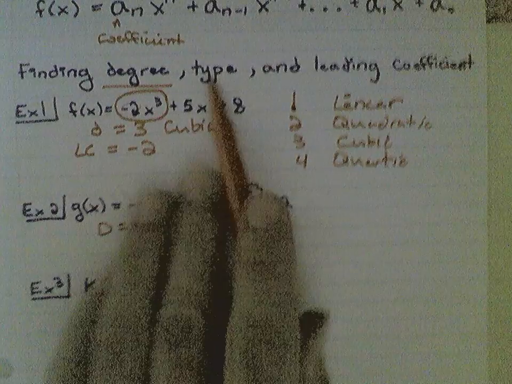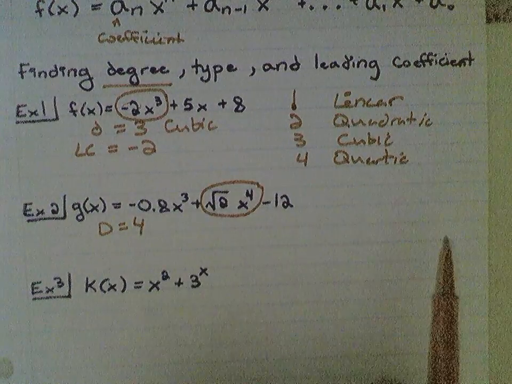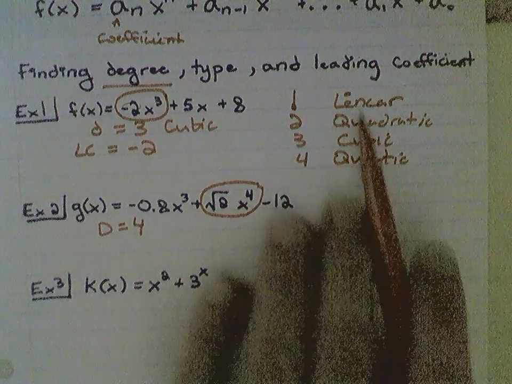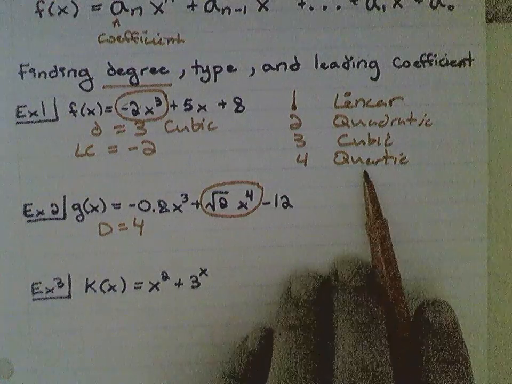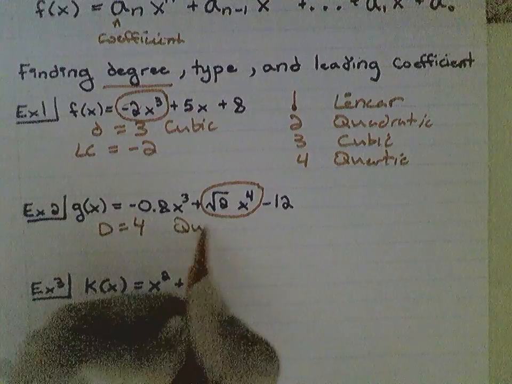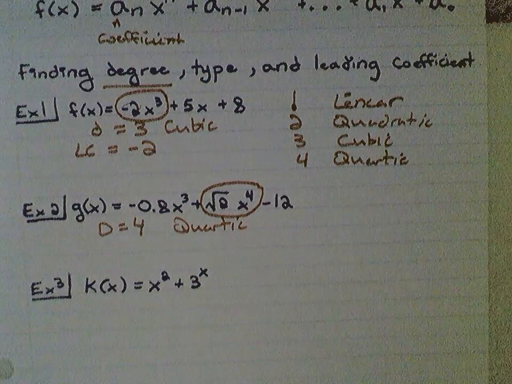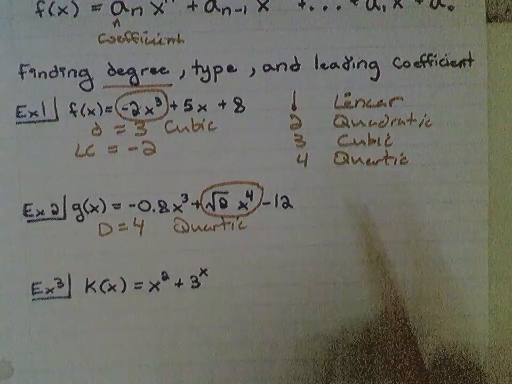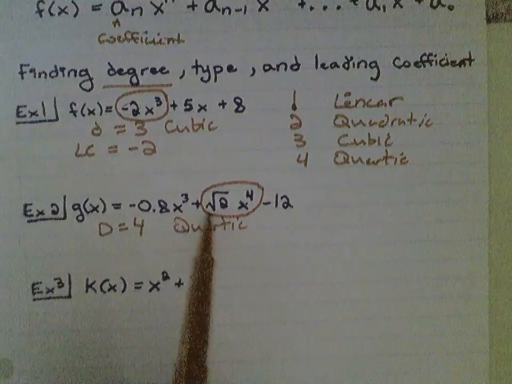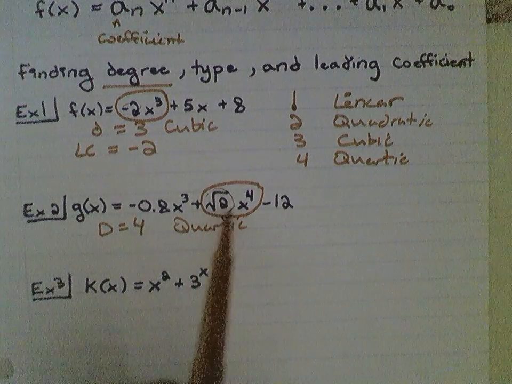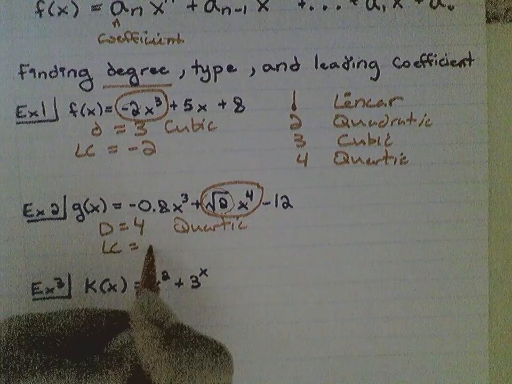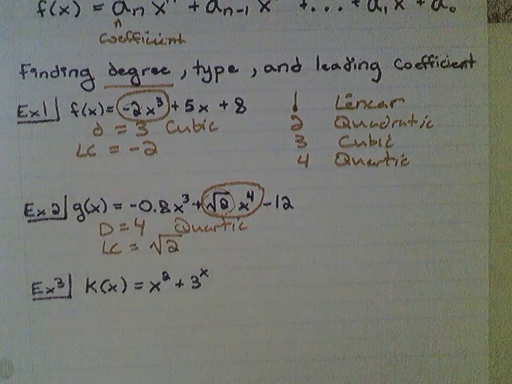The type of polynomial is based off of that degree. Looking at my list, degree 4 is quartic, so my type is going to be a quartic polynomial. And then lastly, the leading coefficient is the coefficient on the biggest term, and in this case the leading coefficient will be the square root of 2.